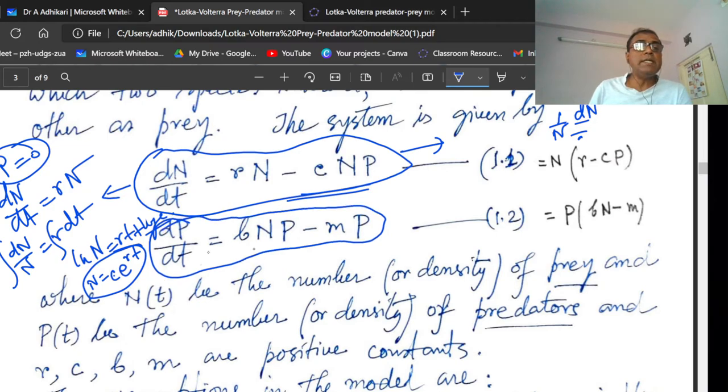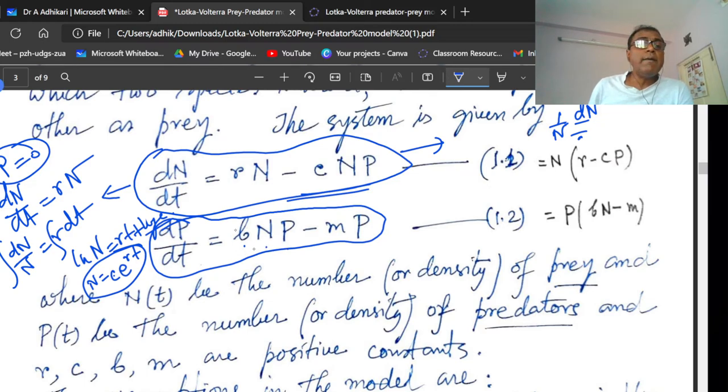So this dP/dt is the predator's growth rate, affected by the term BNP. B is a positive constant, N is the density of prey, and P is the density of predator.